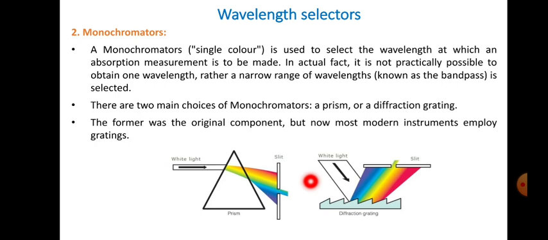It has grooves on its surface, and when you pass a white light, it will diffract only a required wavelength of light. These grooves, diffraction gratings, can be moved in a particular direction so that we can get the required colored light or the required wavelength of light, okay.